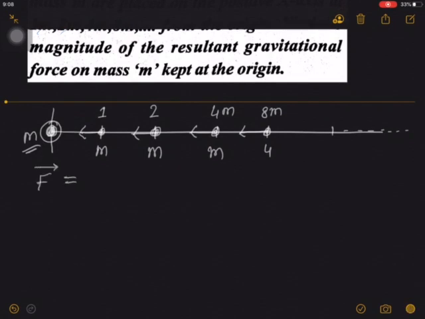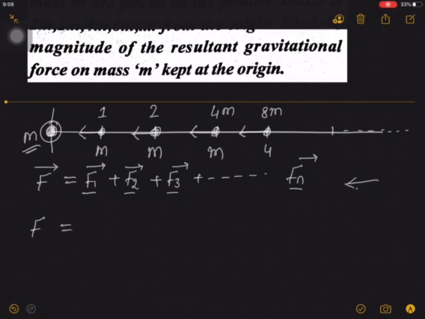That's why, according to the superposition principle of forces, F1 bar plus F2 bar plus F3 bar and so on, up to Fn bar, as F1, F2, F3 are all in the same direction.